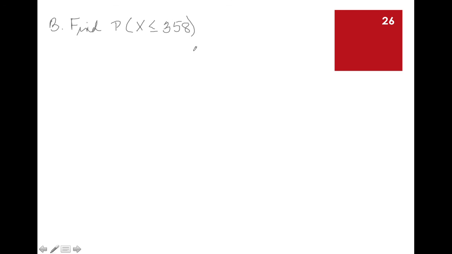Number of trials would be 400. Little p is that 0.92. Our x value is 358. All right, remember, they're always less than or equal to problems. All right, so I'll give you a second to do it.